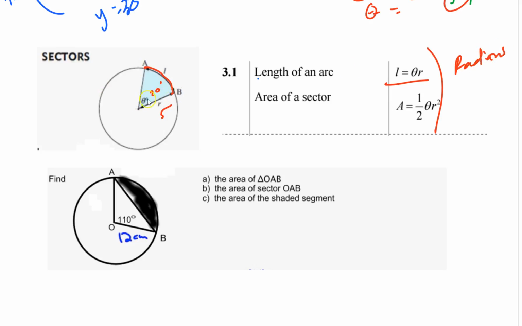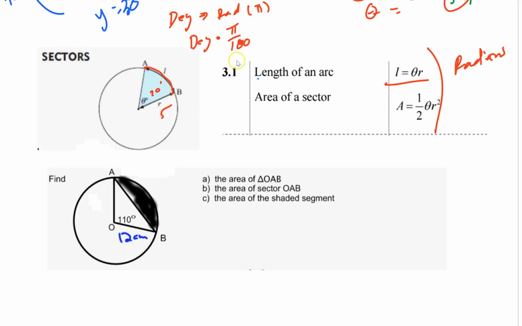So in this case, theta is 20, r is 5. I can't just plug it in there. I got to make sure this is in radians. So the way you go from degrees to radians is you multiply your degree by pi over 180. So how do I keep that in mind? I just remember that radians have pi in it, so pi is on top.